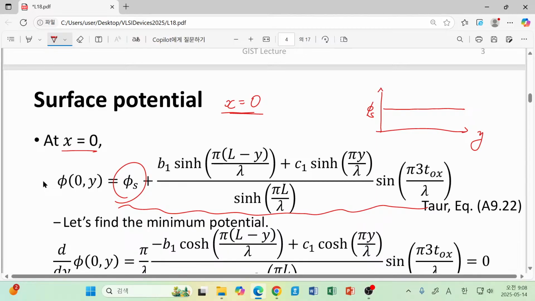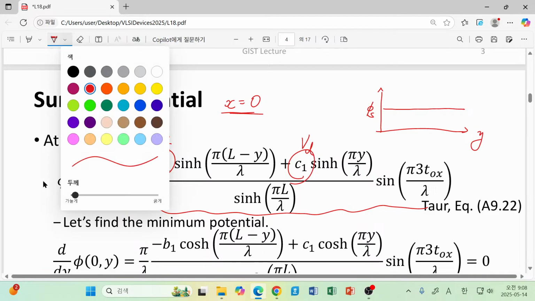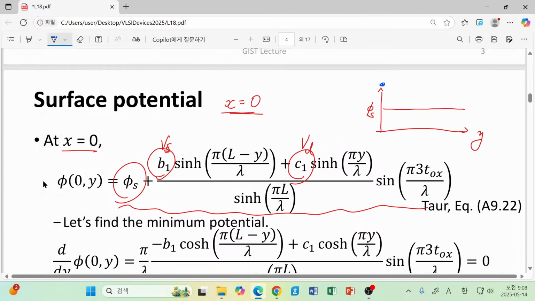After that, depending on our source voltage and drain voltage, we can have an additional component that comes from these two sides. For example, here and there, we can have an additional value, and this additional value has a dependence on y following a hyperbolic sine function, and its length scale is lambda.